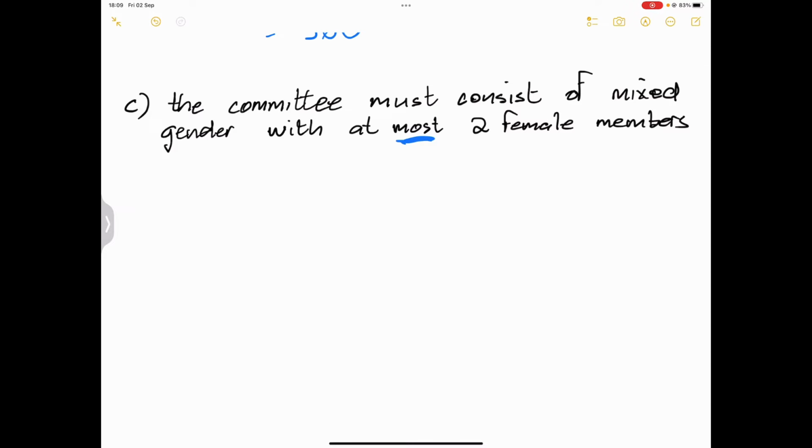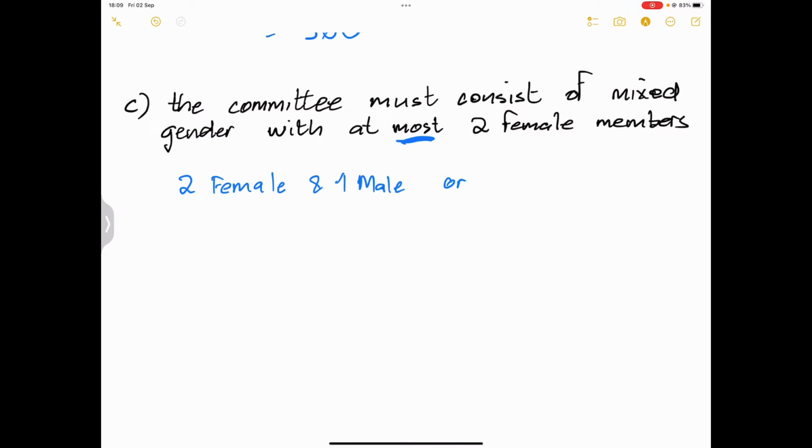So let's consider a possibility. Remember, it must be mixed gender. So you can have a possibility where you've got 2 females and 1 male.